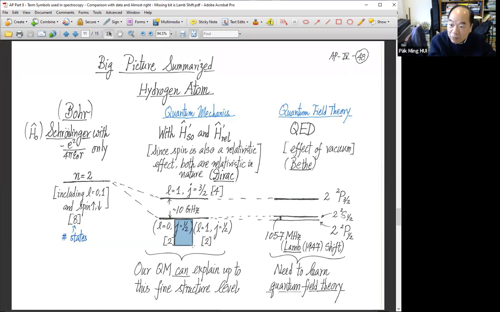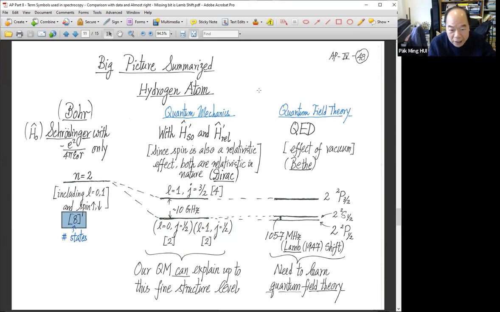From the S, L equals 0, plus 1/2, that is J equals 1/2. From P, L equals 1, minus 1/2, there is 1/2. So I put 2 origins here, and each has Mj equals plus 1/2, minus 1/2. Therefore, altogether, we have 4, 2, 2, no more, no less, 8 states.